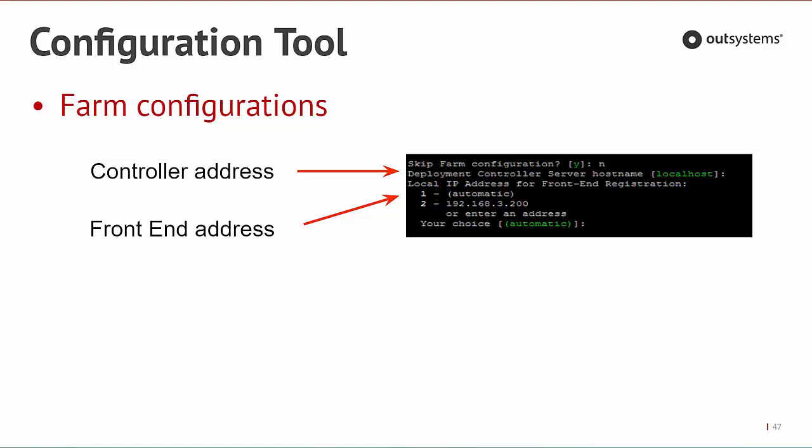And this setting is useful if the machine has more than one network adapter, because it will allow you to select which is the network that the OutSystems services communicate with each other. Okay, Automatic will choose either, or if you have more than one, you will be able to explicitly select the one that you want.